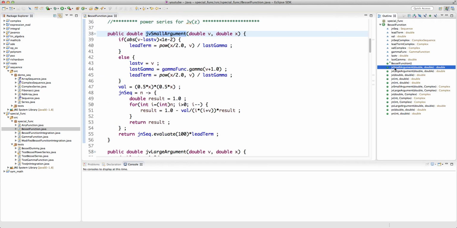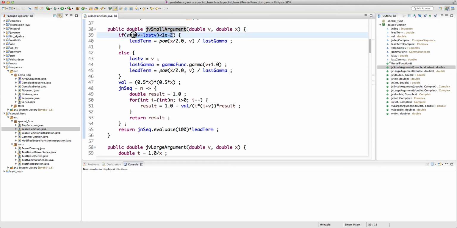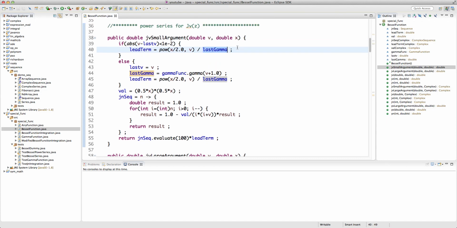So far we have implemented j nu for small arguments, right? And we said that if nu has not changed from the last nu, we're not calculating the last gamma. We just use the previously calculated last gamma, right? And last gamma is a state variable.